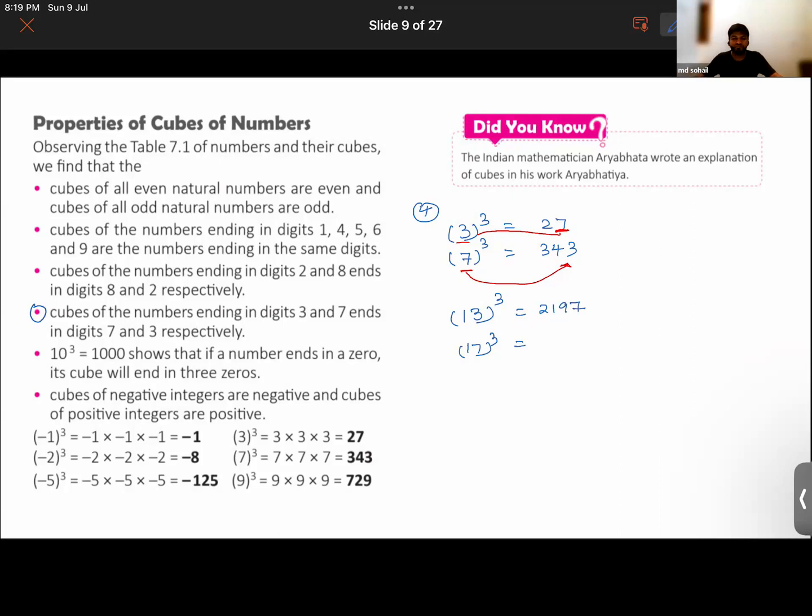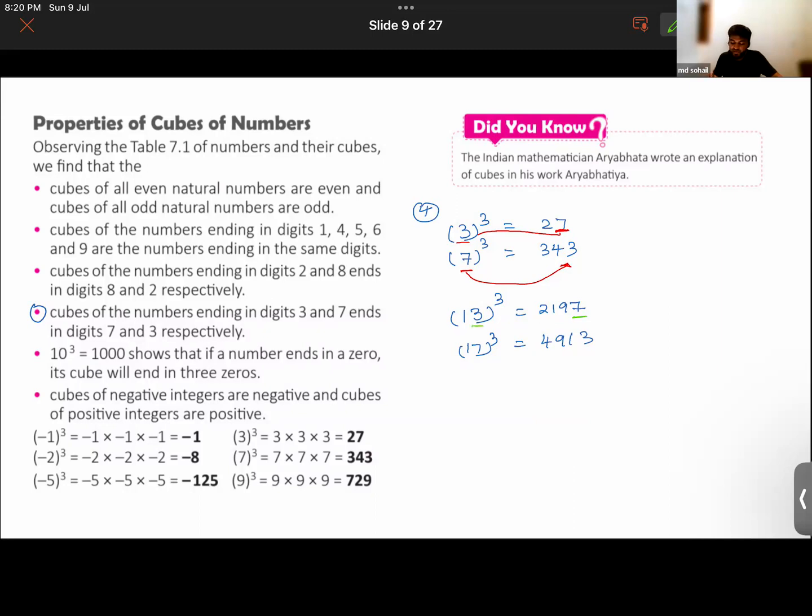So 4913. Good. So notice in these two numbers also, the cube ends with 7 for a number whose unit digit is 3.